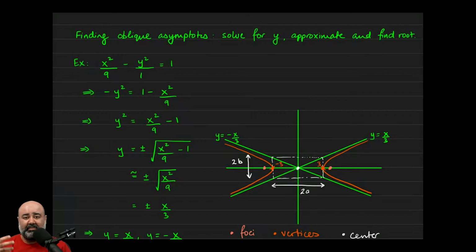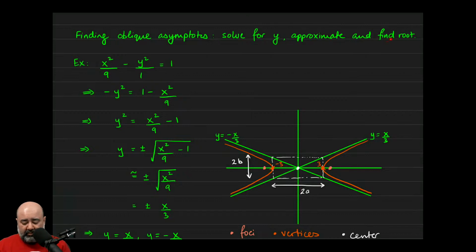If you have 1 billion times $1 billion and you divide it by 9, you still have a boatload of money. And if you just give me $1, it's not going to change your life at all. So we say that approximately this function is equal to the square root of x squared over 9 without the minus 1. Because the minus 1 isn't really going to do much as x gets very, very large.